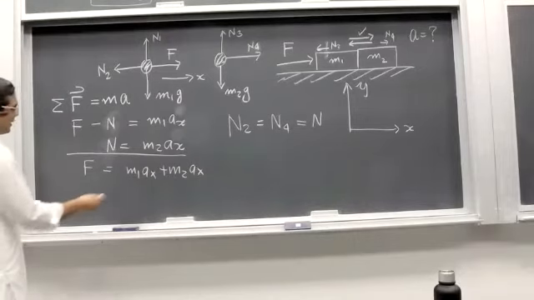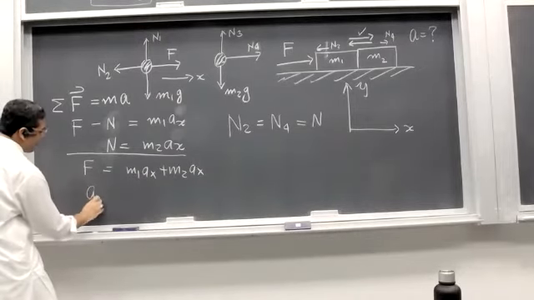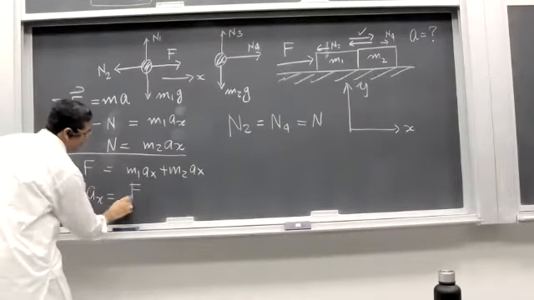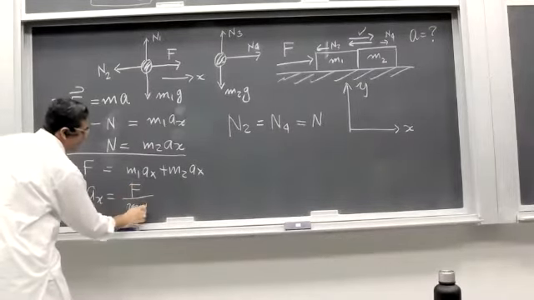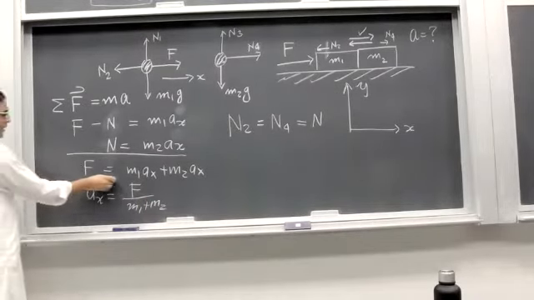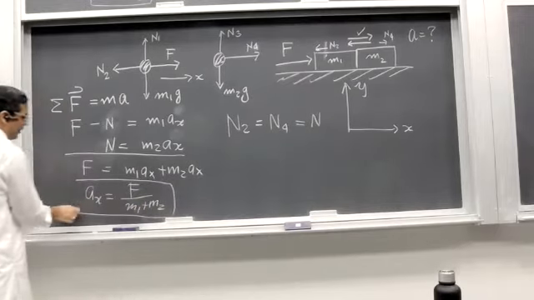Okay. And then if you rearrange this equation, you will get AX is equal to F over M1 plus M2. This looks like a trivial result, but it's not.